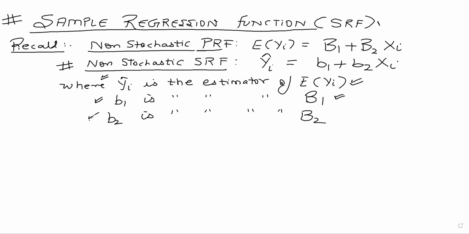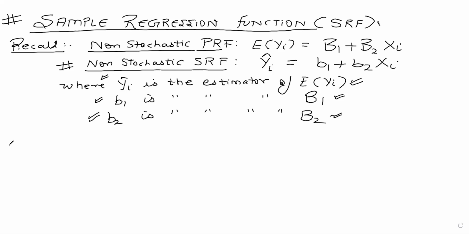Similarly, sample slope coefficient b2 is used to estimate the population slope coefficient capital B2. So this is my non-stochastic sample regression function. And throughout our entire lectures, we will be focusing on the sample regression function, which will be used to estimate the population parameters, because the population is very large and we only know the sample.